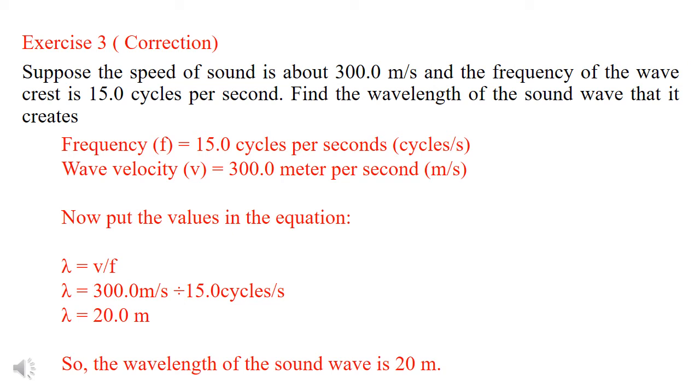V equals lambda times the frequency. In this question, you must find lambda, so lambda equals V divided by frequency. So 300 meters per second divided by 15 cycles per second, or 15 hertz, equals 20 meters. So the wavelength of the sound wave is 20 meters.